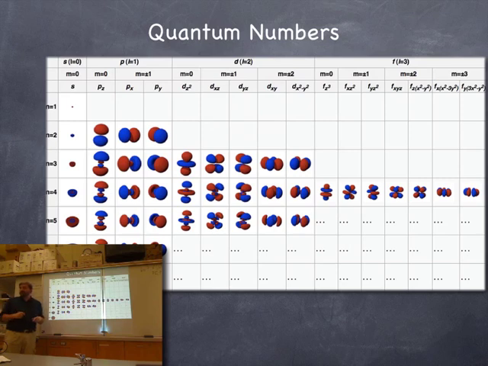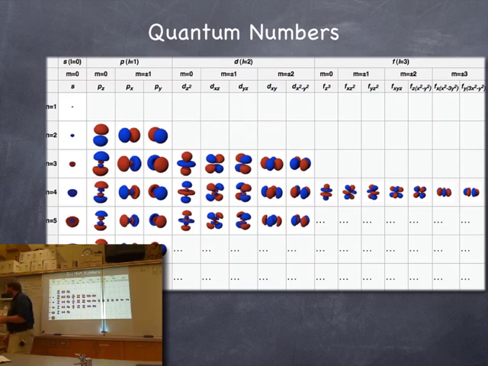So if we want to specify an electron's address completely, we have to give 4 numbers: the N value, the principal energy level, the L value, the M sub L value, and then M sub S, the magnetic spin quantum number.